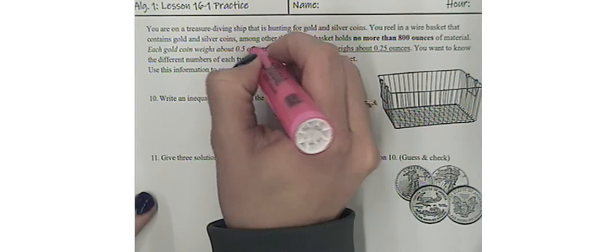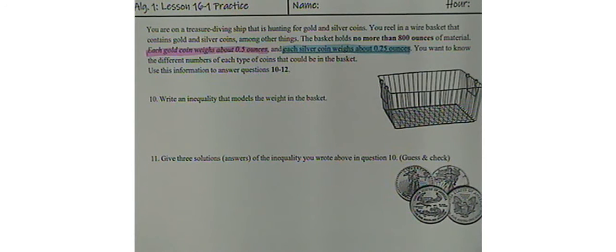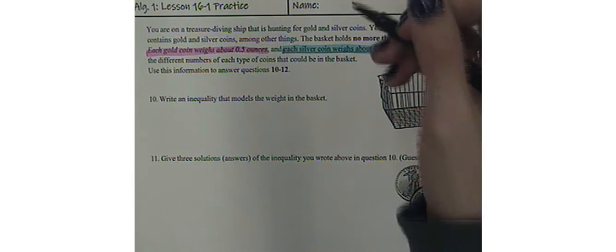Each gold coin weighs about 0.5 ounces, and each silver coin weighs about 0.25 ounces. You want to know the different numbers of each type of coin that could be in the basket. We're going to use this information for questions 10 through 12.